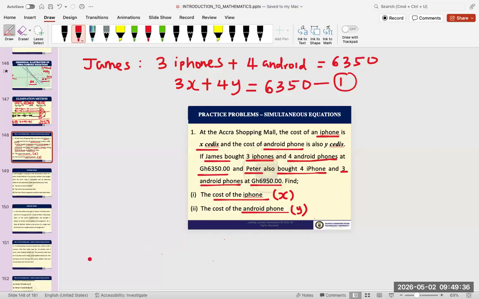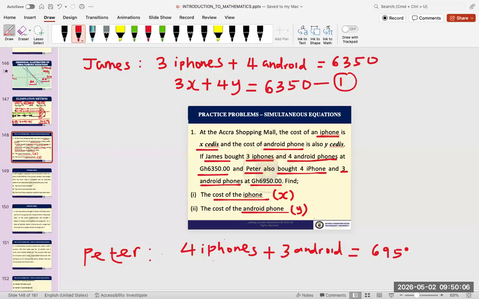Let's look at Peter. Peter, on the other hand, bought 4 iPhones and 3 Android phones at the cost of 6,950 cedis.